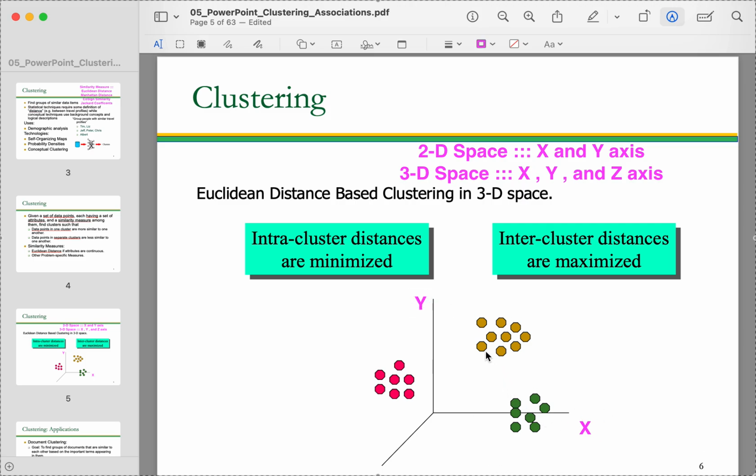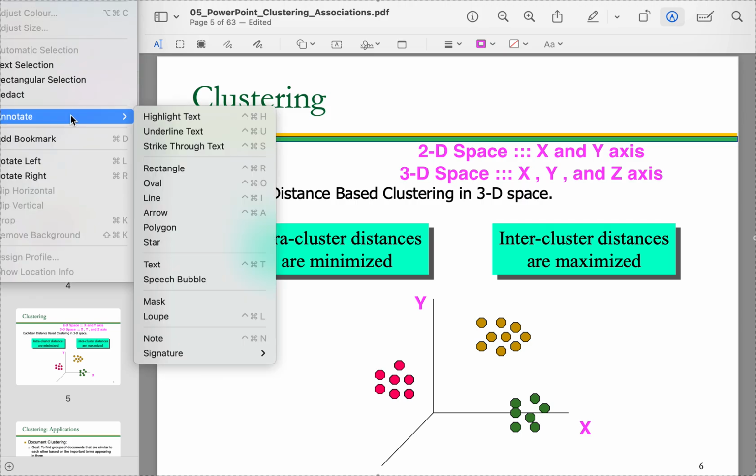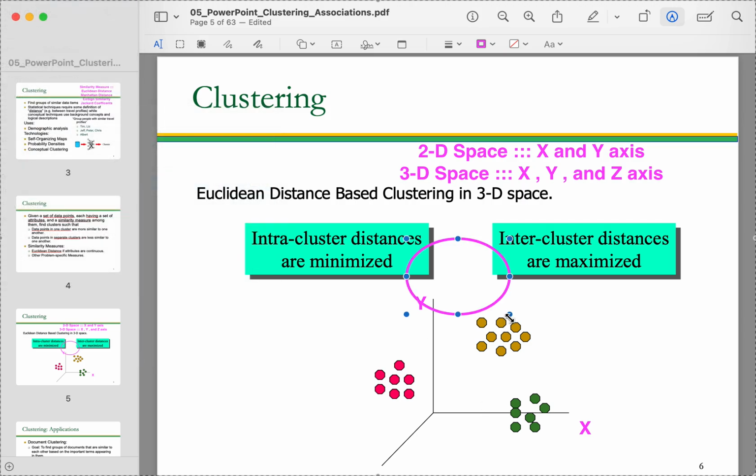So let's say this point right here is having certain value for x and certain value for y from our data, and that is why the point is located in this location on the visualization.